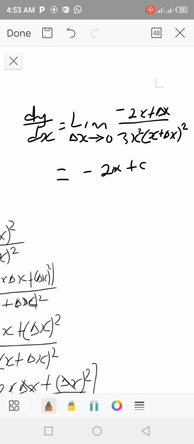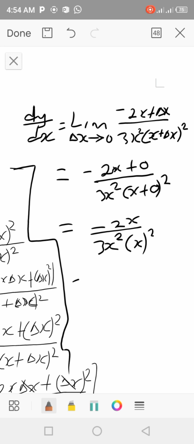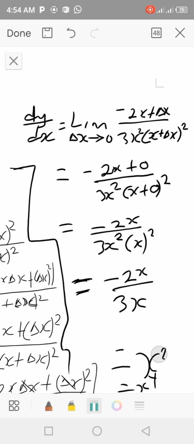Now our Δx tends to 0, and 3x squared into (x plus Δx), which tends to x, raised to power 2, and this is minus 2x over 3x squared into x squared, which is equal to minus 2x over 3x squared times x squared, which is x raised to power 2 plus 2, which is x raised to power 4. So this is x raised to power 4.